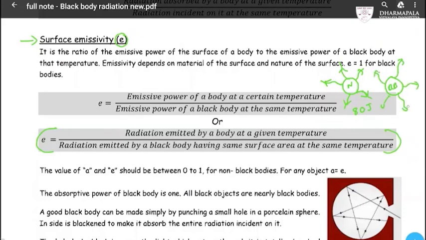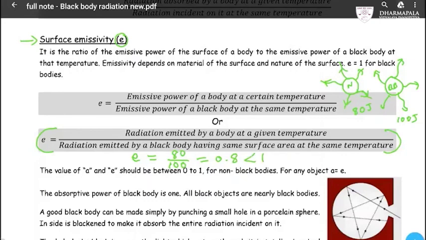So let's say that is 100. So the surface emissivity E of this normal object is given by radiation emitted by the object at the given temperature, 80, divided by radiation emitted by the black body, 100. That is also 0.8. And again it is less than 1.